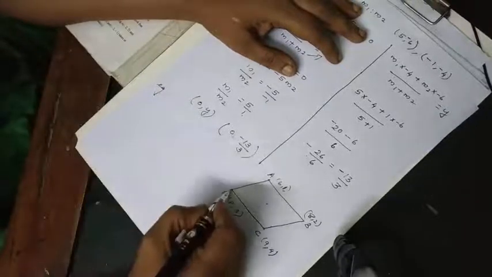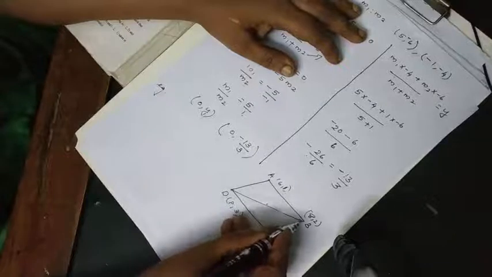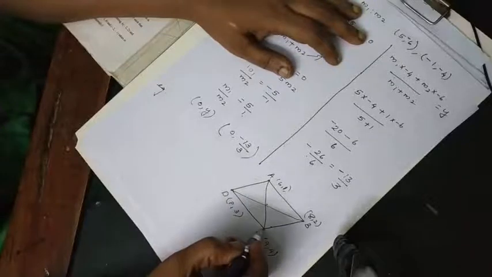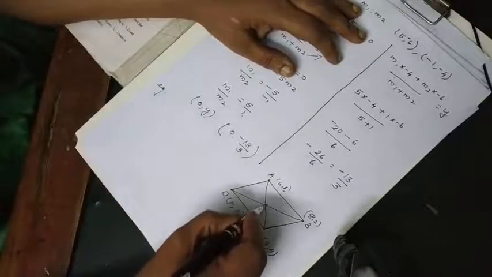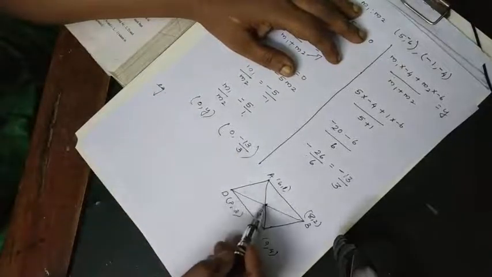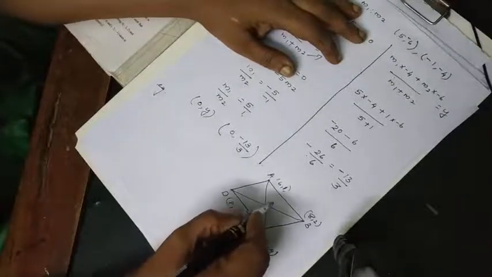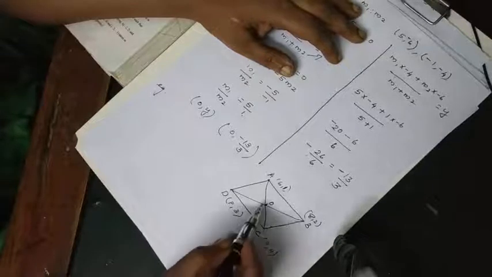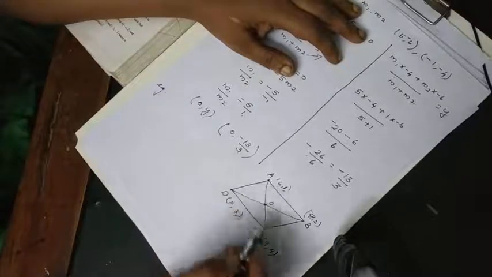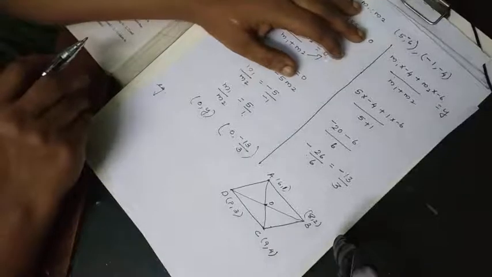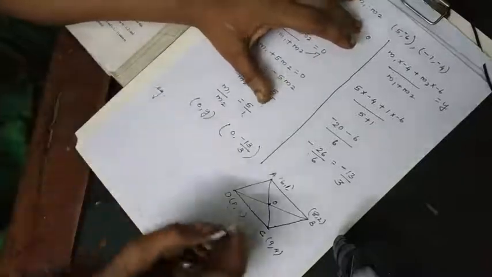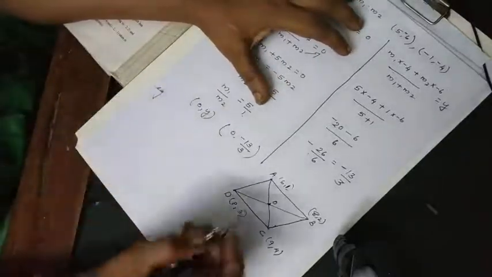So if we draw the diagonals, BD is a diagonal, AC is a diagonal, and the meeting point of BD and AC, let us mark that as O. O will be the midpoint of BD, and the same O will be the midpoint of AC also. So using that property we are going to find out P. Now let us take BD.